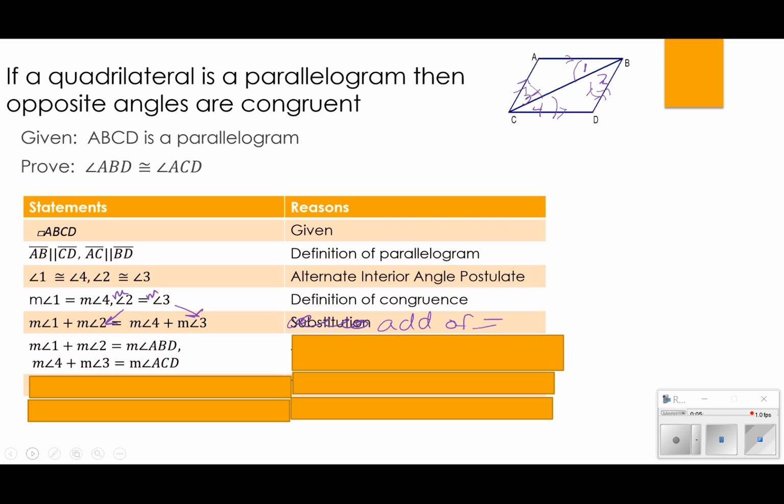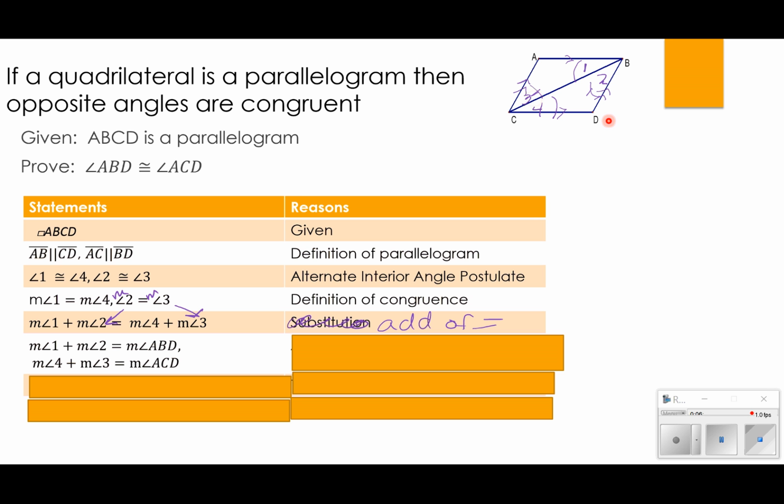Okay. Then I'm saying that this angle 1 here plus the measure of angle 2 is the measure of angle ABD. The measure of angle 3, or measure of angle 4, plus the measure of angle 3 is equal to ACD.